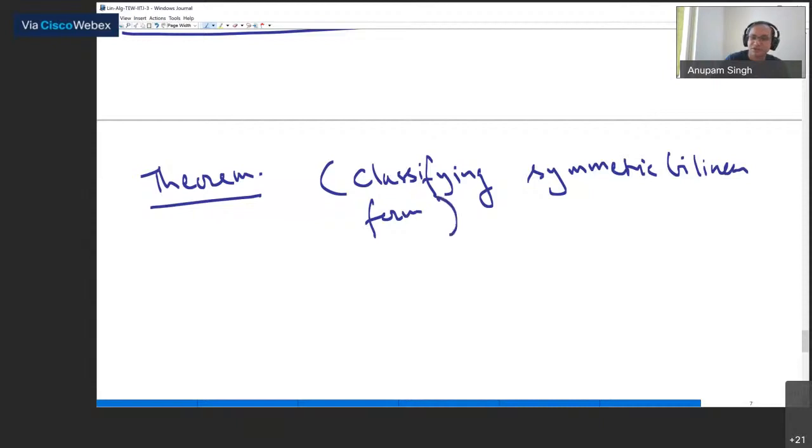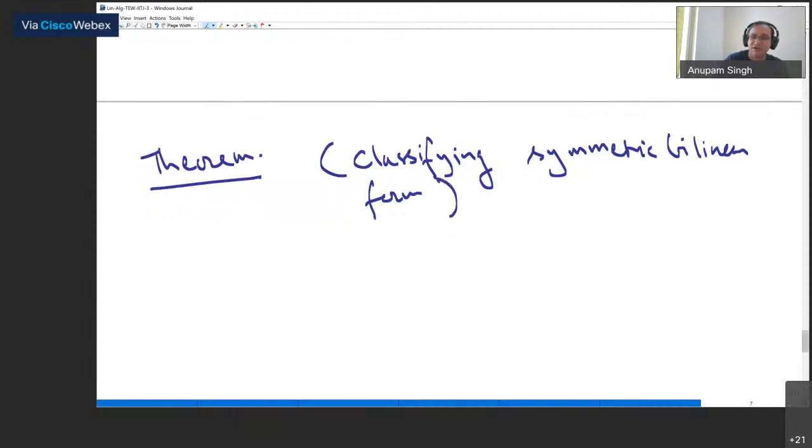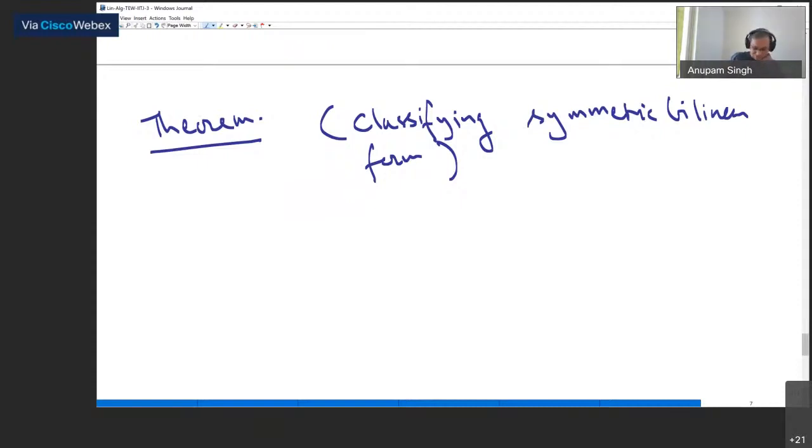Okay. So, like we saw, this is also a comment which I want to make. When we do very basic linear algebra, let's say at the very beginning of a BSc, when you study a little bit of matrices, vector spaces, and linear transformations, those things work over any field.